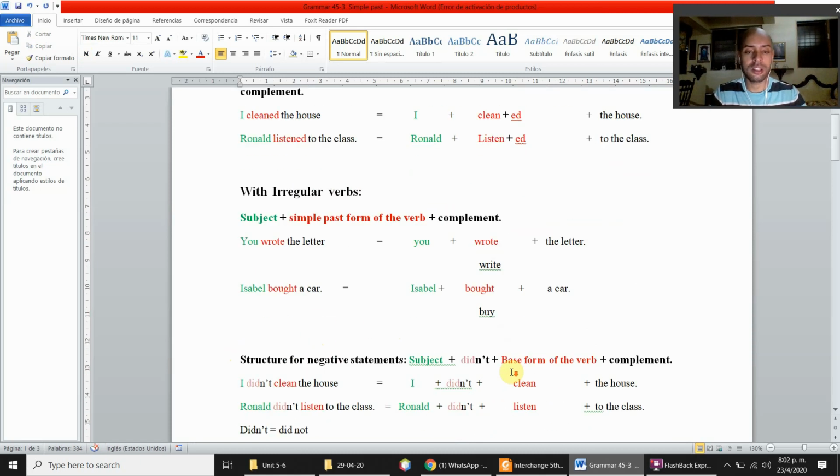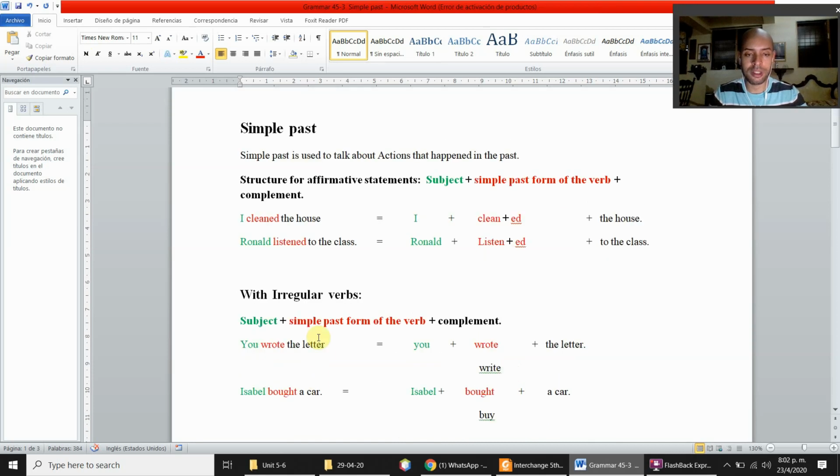Subject, simple past form of the verb plus complement. This is the simple past form of the verb write, and this is the past form of the irregular verb buy. Isabel bought a car. Isabel plus the simple past form of the verb buy, bought, a car.